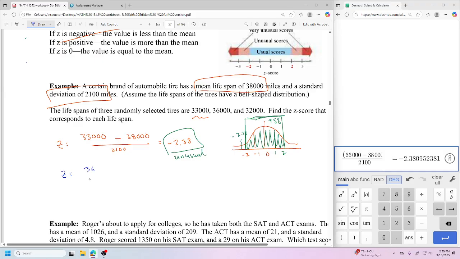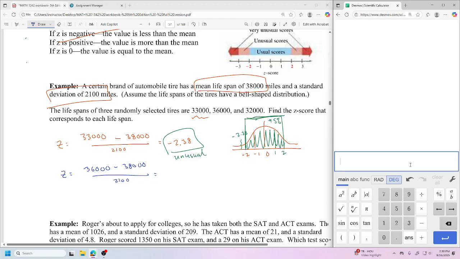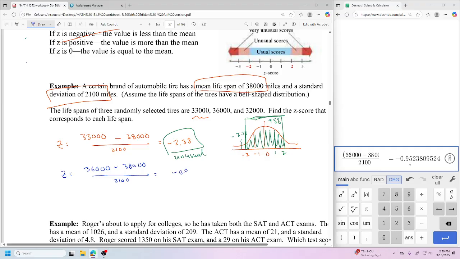All right, so 36,000, 38. Knowing what we just did a second ago, do you think that this would be unusual? Yeah, let's check it then, because it's still less than average. So this time I got a negative 0.95. Yeah. So it's like you just mentioned, not unusual actually.